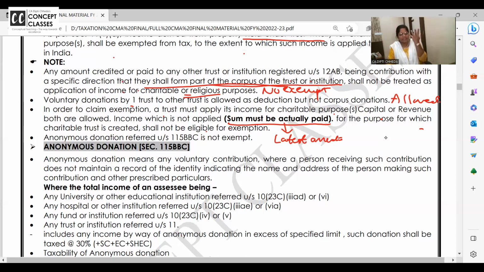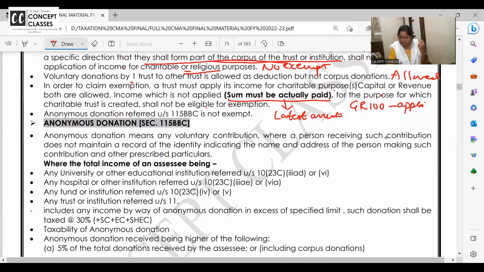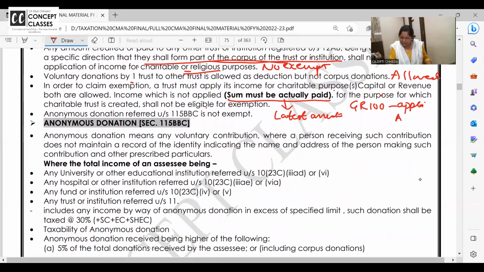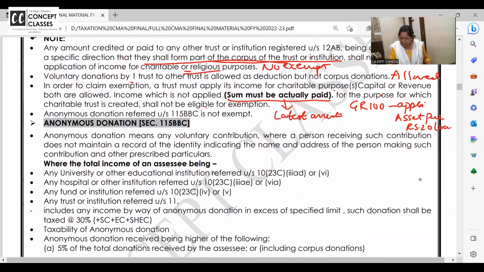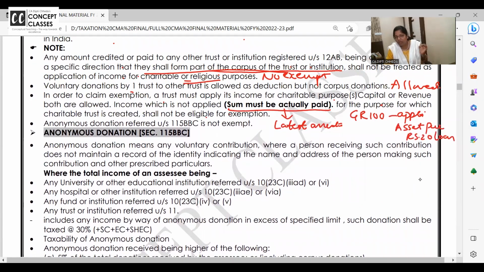But ma'am, this is my gross receipts, 100 rupees. I have applied it to purchase an asset, purchased 20 rupees with a loan. Dekho, the example is a little in-depth but very good. Leave the whole para on anonymous donations for now, we will do it tomorrow. It's fun solving questions on anonymous donations, but you all need to go a little more in depth.